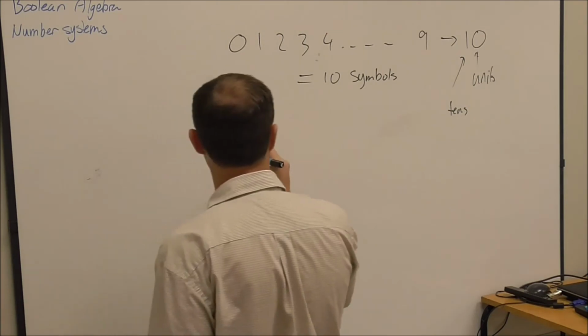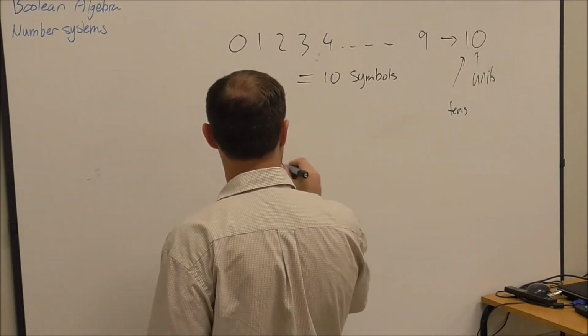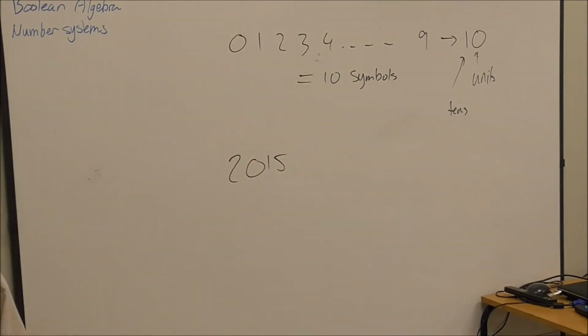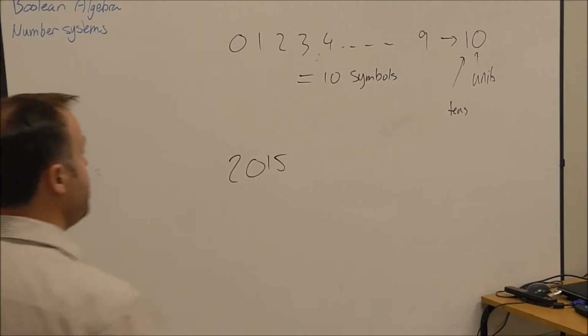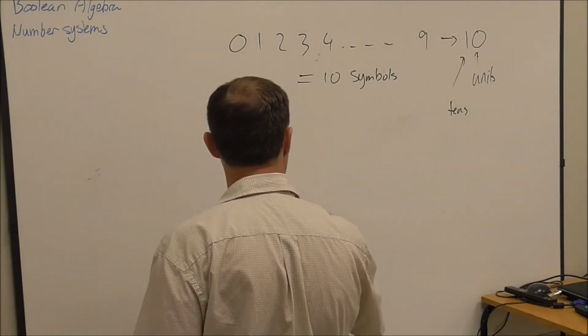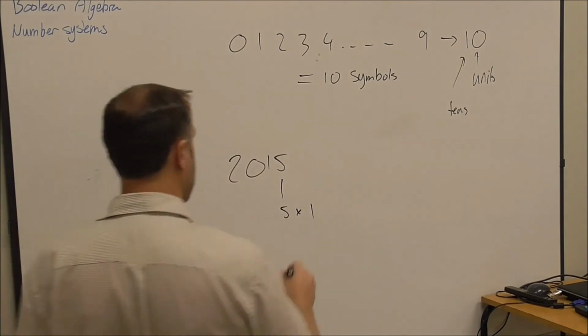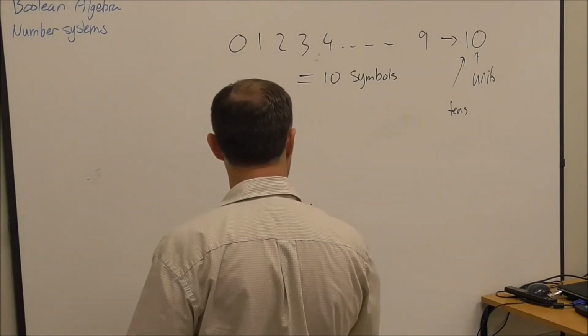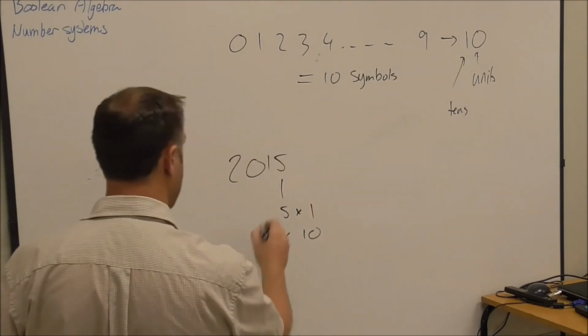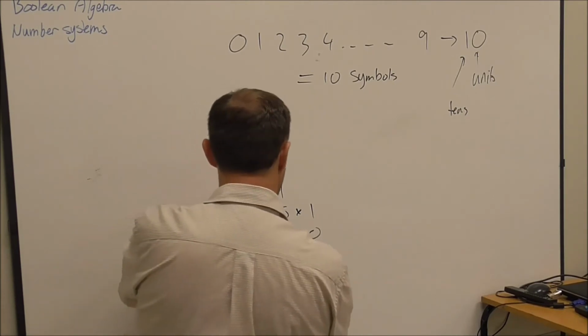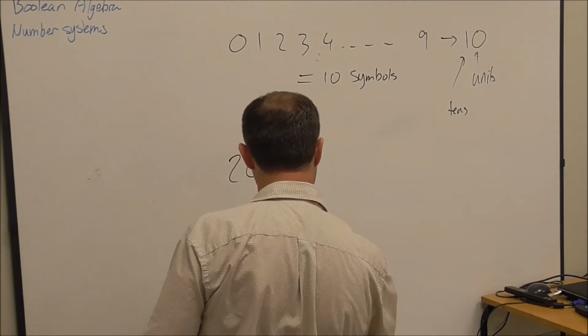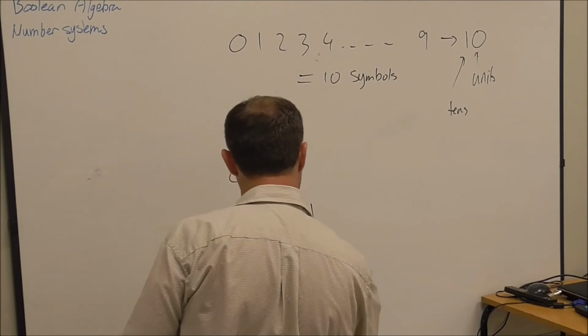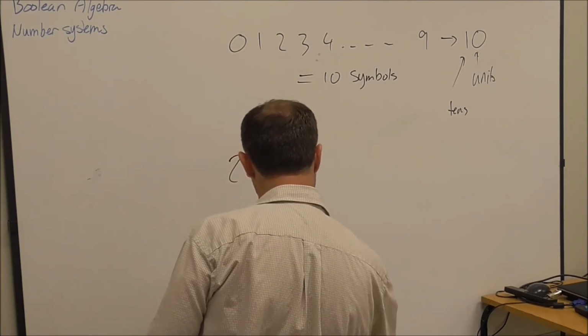So if I had the year 2015, that means we've got 5 ones plus 1 ten plus 0 hundreds plus 2 thousands.